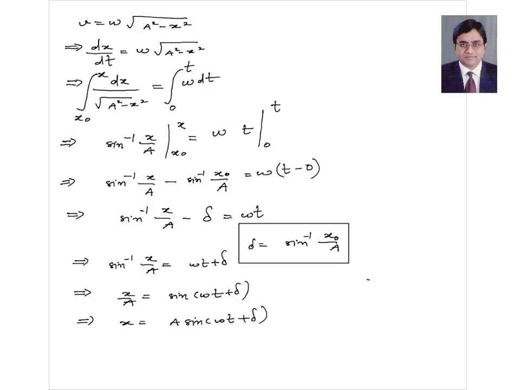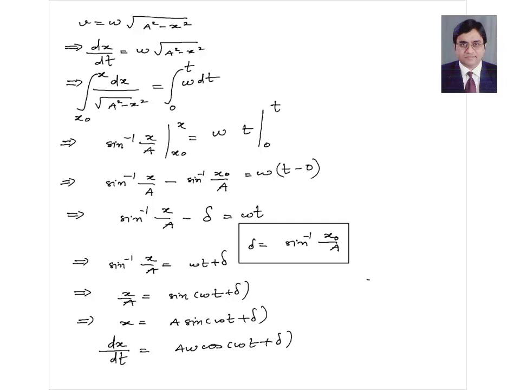So when you differentiate it, what do you get? You get dx by dt equal to A omega cos(omega t plus delta).